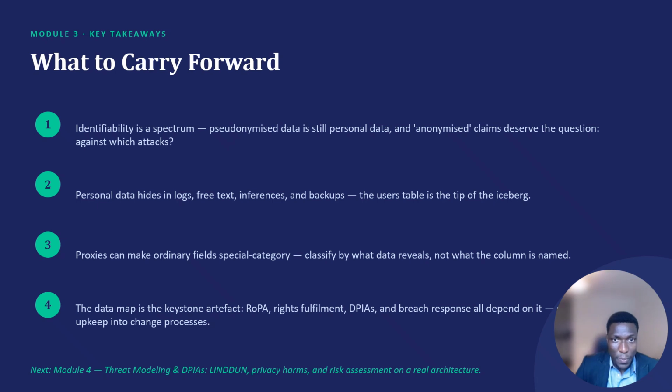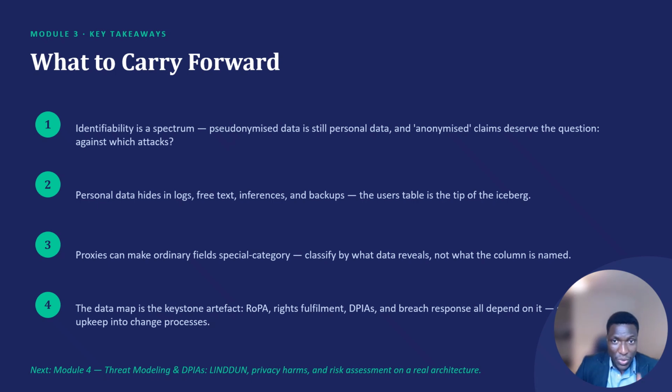Number two, personal data hides frequently far beyond the users table. Personal data hides in logs, in free text fields, inferences, backups, and so on. Number three, proxies can make ordinary fields become special category.